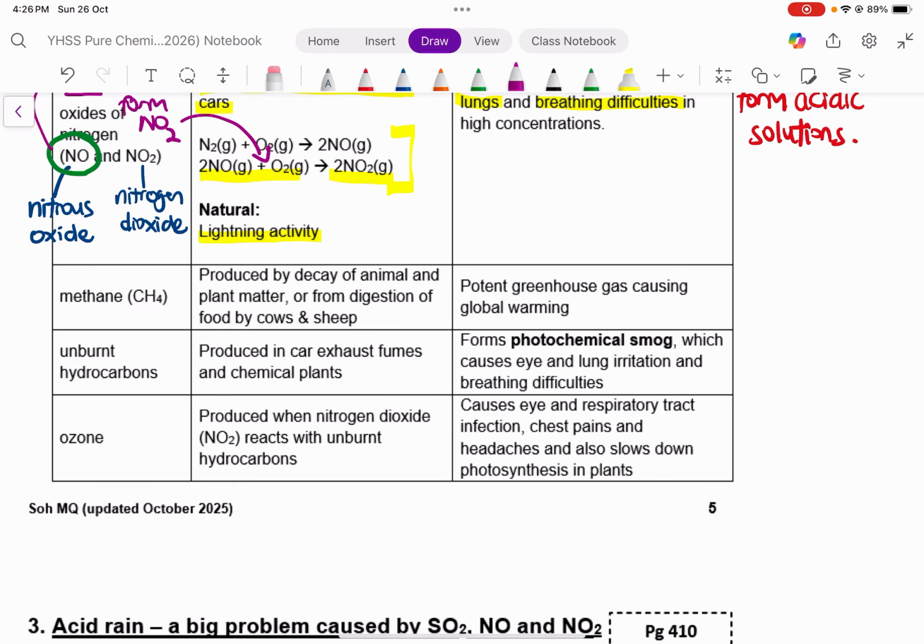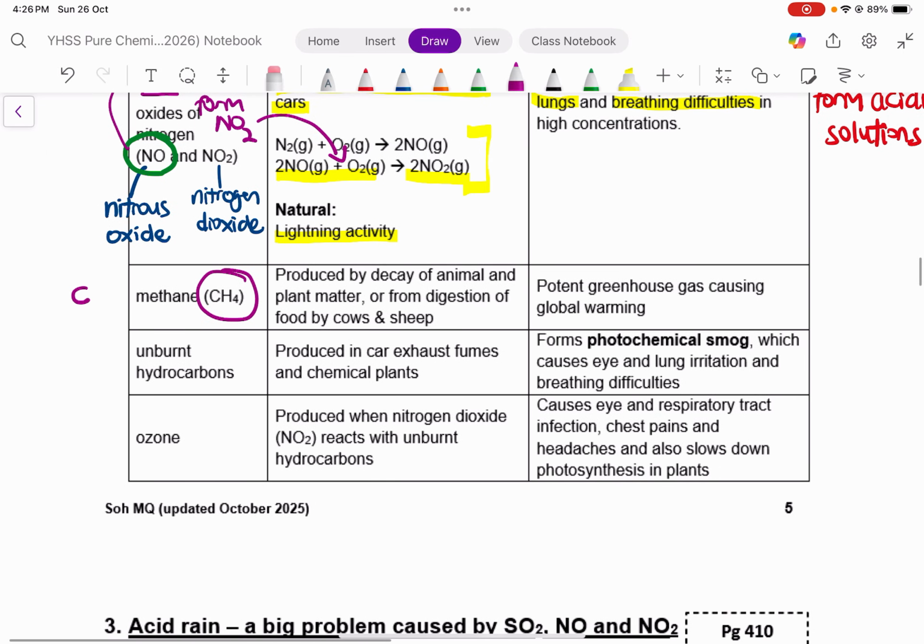Now for methane, you need to know the formula is CH4. You need to be familiar with the formula of methane, CH4. How do you draw CH4? I think it's very straightforward. This is how you would draw CH4. Alright, the molecule of CH4 has 1 carbon, 4 hydrogens. That's methane. Now methane is produced by decay of animal and plant matter.